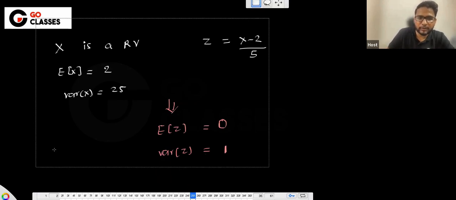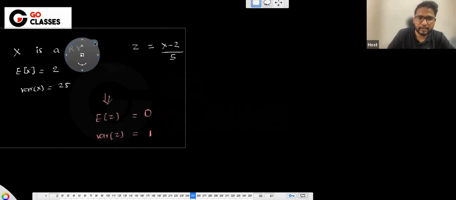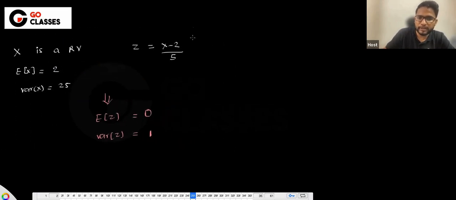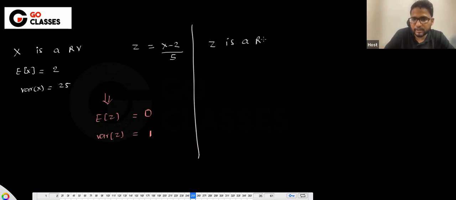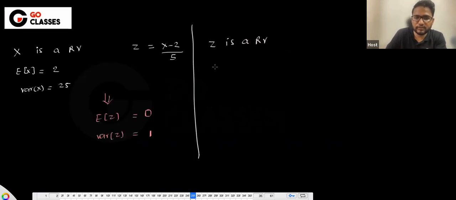Now in the other example, we had z as a random variable with expectation of z given to be 0 and variance of z given to be 1. This is given to me.